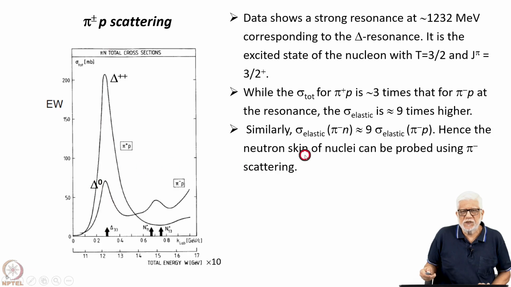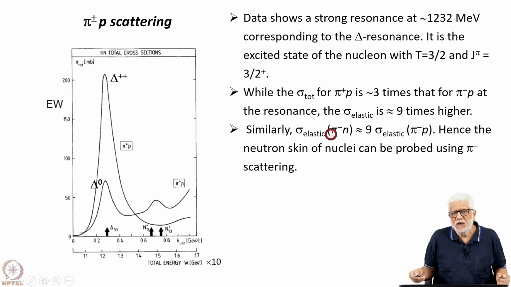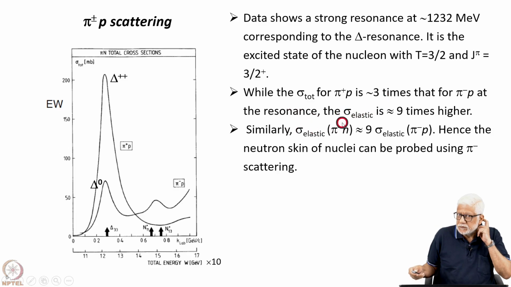So, the total cross section is about 3 times higher for the pi plus p case as compared to the pi minus p, but the elastic cross section, which of course I have not shown here, is about 9 times higher, and that actually comes about from the Clebsch-Gordan coefficients for the isospin.